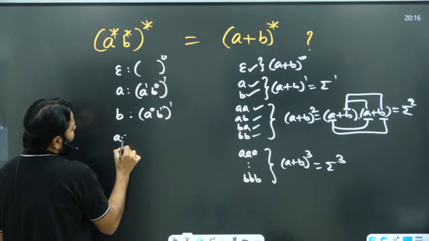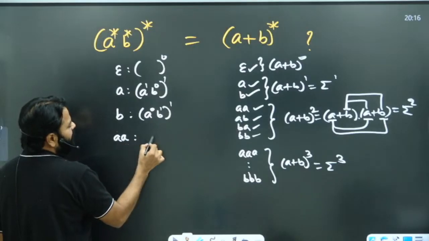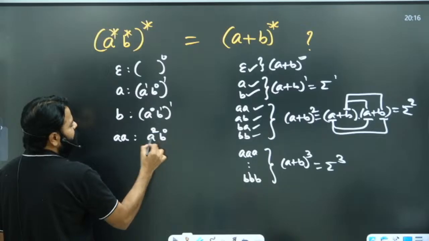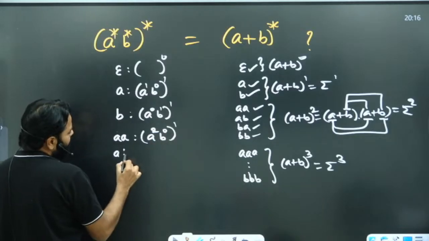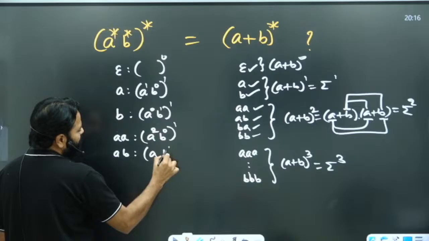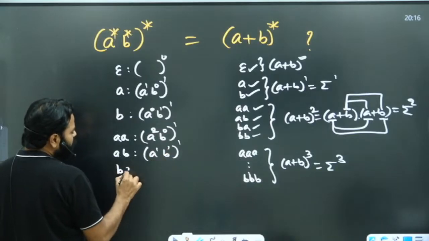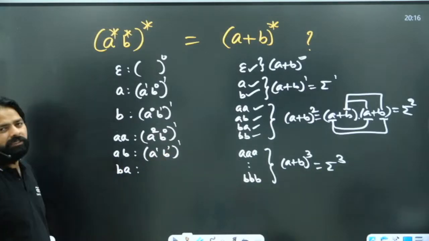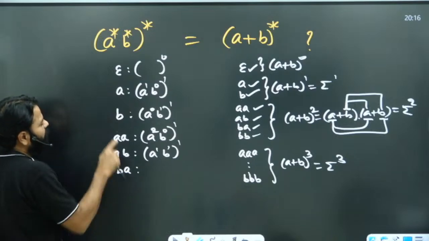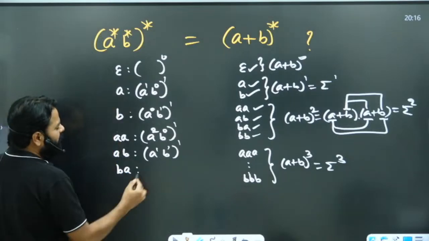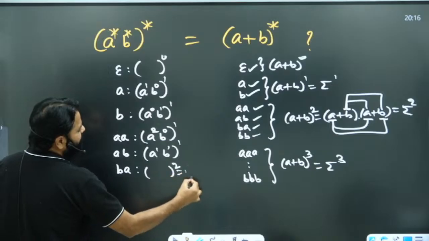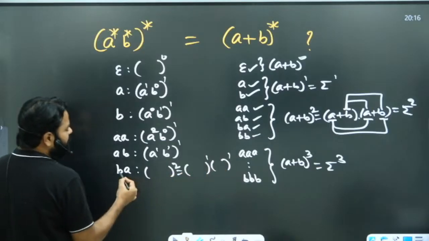If you want double a, you can generate it by writing a power 2, b power 0. For ab, put both a power and b power as 1. And ba? Here people understand ba is not possible. Is ba possible or not? You know how to generate ab, and you know how to generate a. So go twice, but the first time you take b, and the second time you take a.